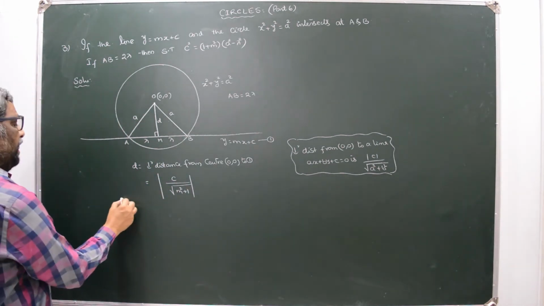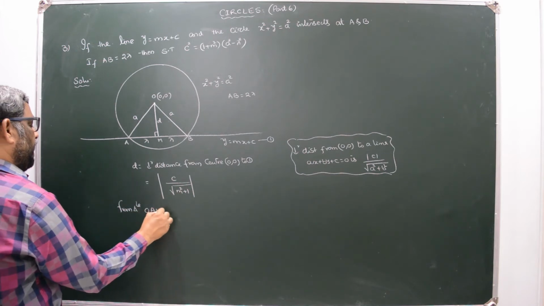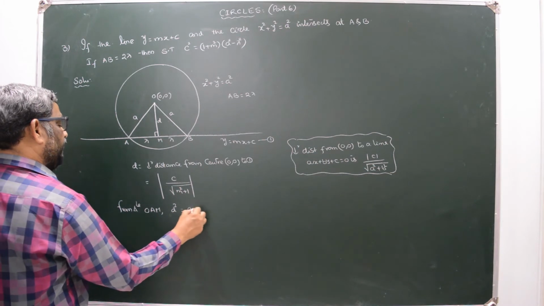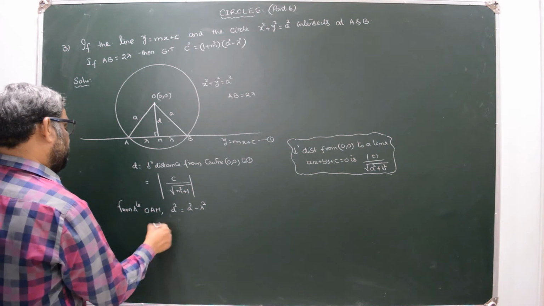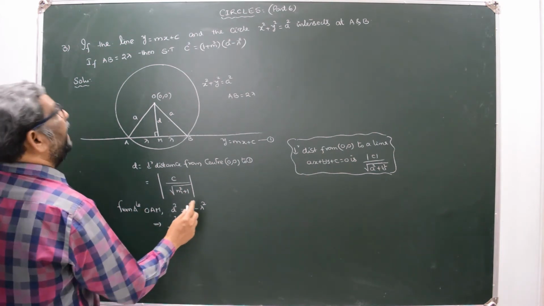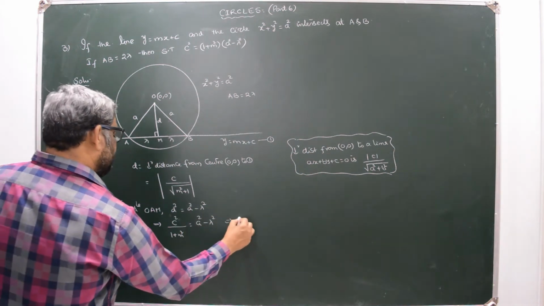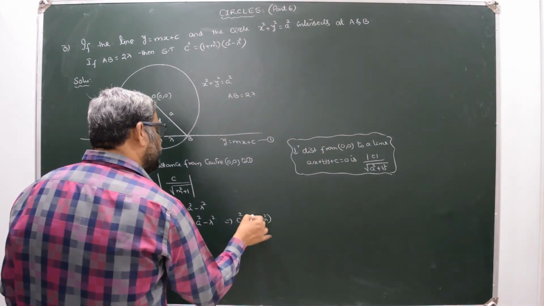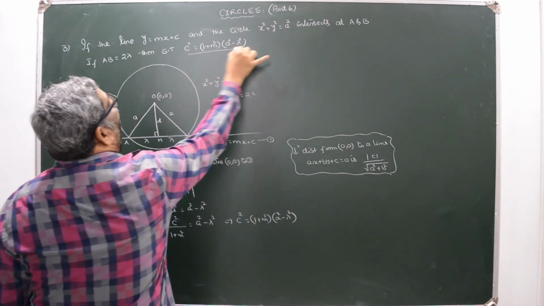Now from triangle OAM, d square is equal to a square minus lambda square. That is, c square by 1 plus m square is equal to a square minus lambda square. It implies c square is equal to (1 plus m square) into (a square minus lambda square). That is the required result.